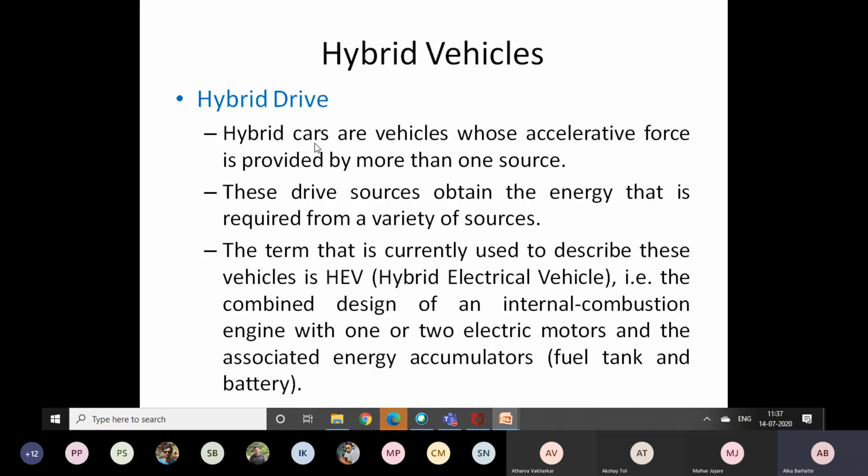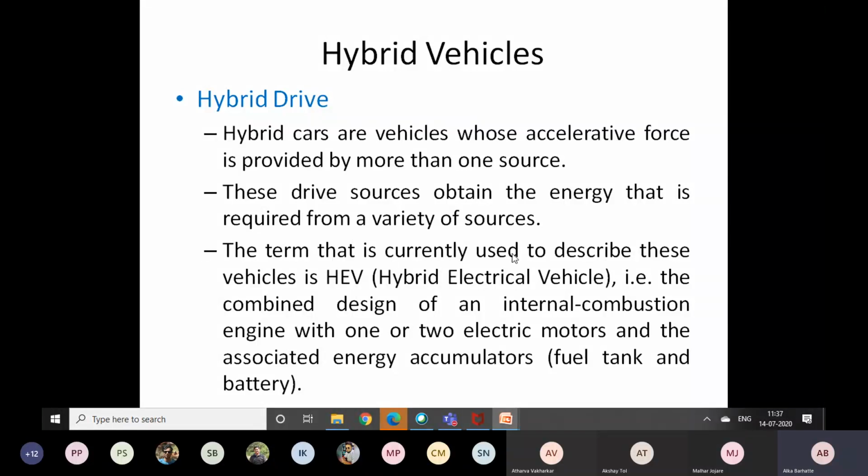Hybrid cars are vehicles whose accelerative force is provided by more than one source. One of the sources is the IC engine, and another source is the battery. These drive sources obtain the required energy from a variety of sources.